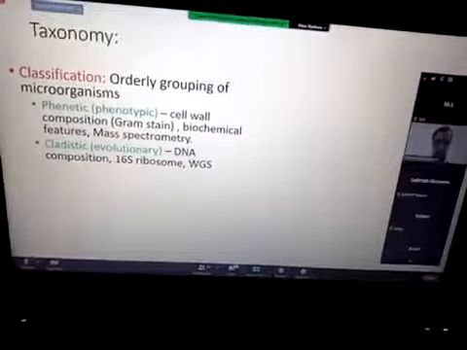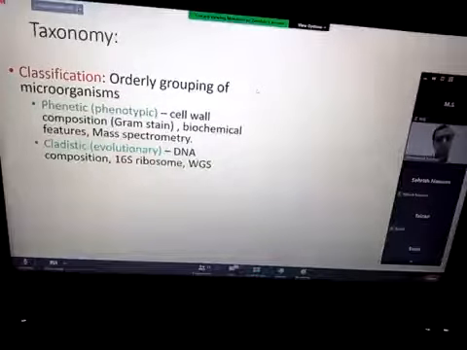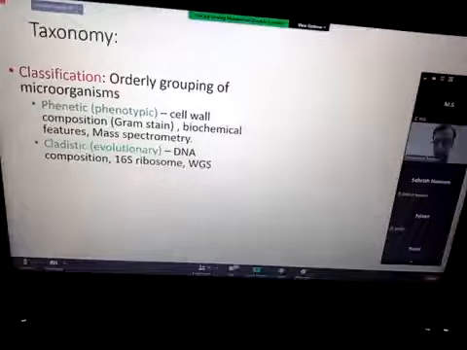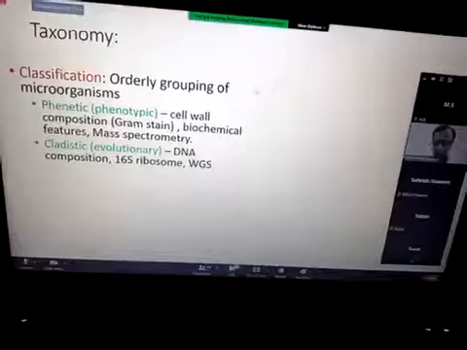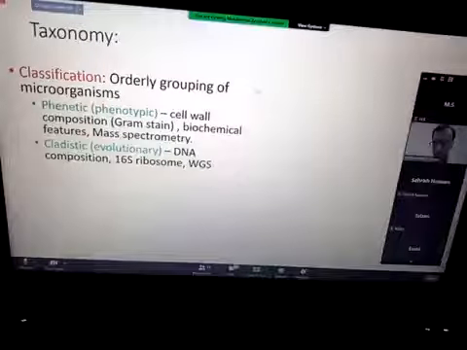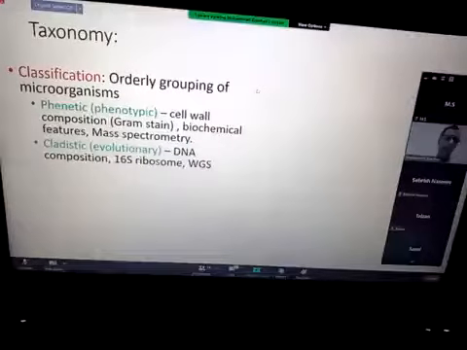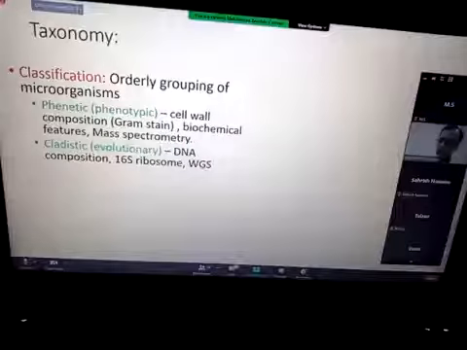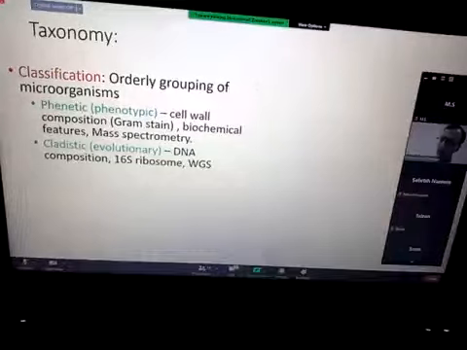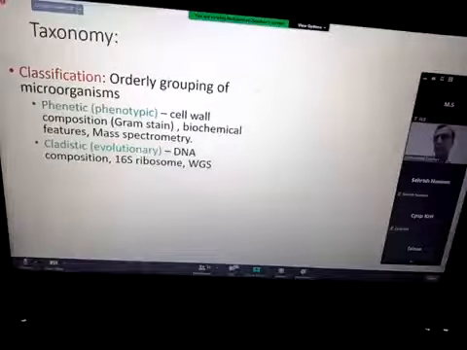We reorganize the bacteria on the basis of the evolutionary process, like their DNA composition. Initially it was DNA composition, then 16S ribosomal RNA. We check it by different methods, the 16S ribosome and whole genome sequencing. You will be facing whole genome sequencing in the next century.